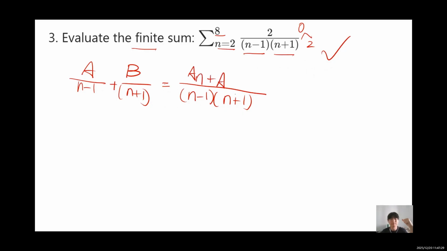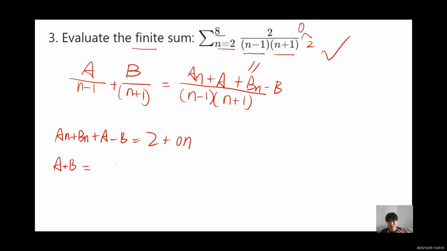an plus a plus bn minus b. You can just calculate it since they are equal. So an plus bn plus a minus b should be 2. a plus b should be 0, and a minus b should be 2.